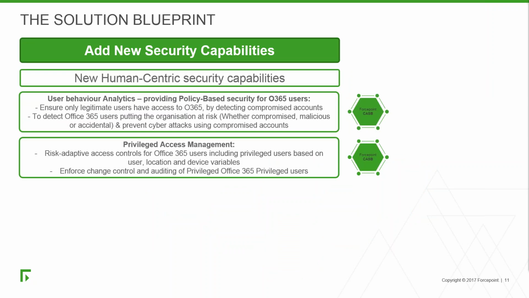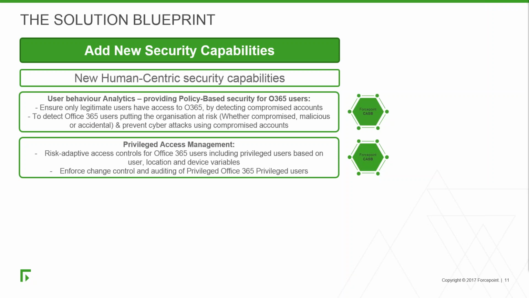So in terms of the new features, these all come from the CASB side of things. It breaks down into two areas. And that's the inbuilt user behavior analytics that the CASB solution provides: the ability to understand how your users work and how they interact with the data. Being able to have a very high-level view of that can be really very useful for organizations, because it will detect compromised accounts.